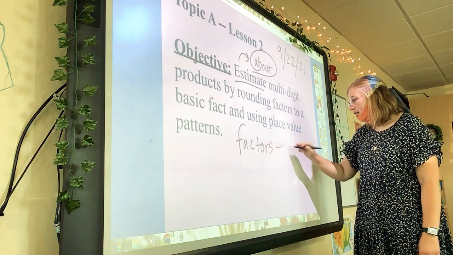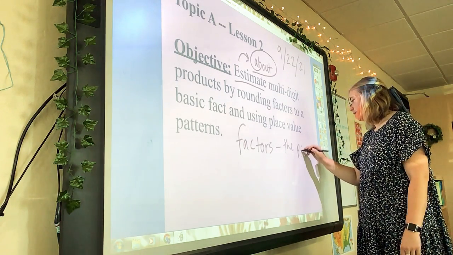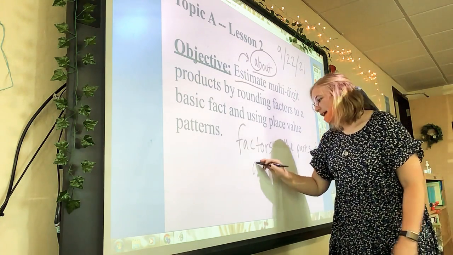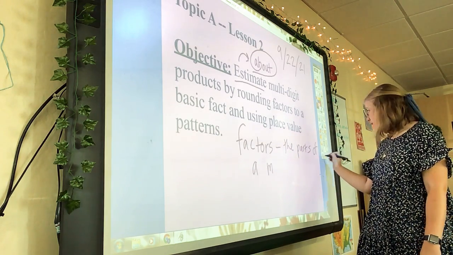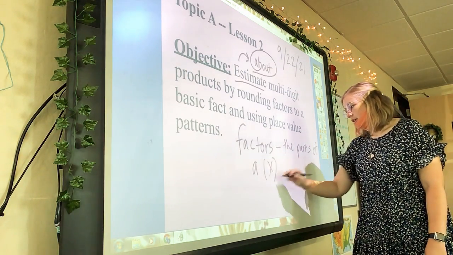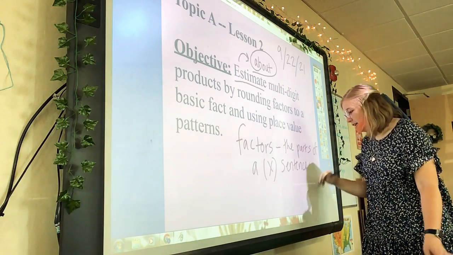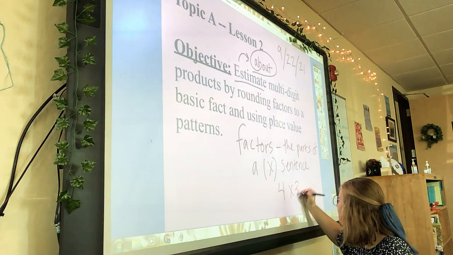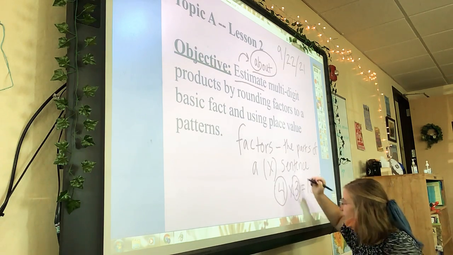Factors are the parts of a multiplication sentence. If we have 4 times 3 equals 12, 4 and 3 are the factors.